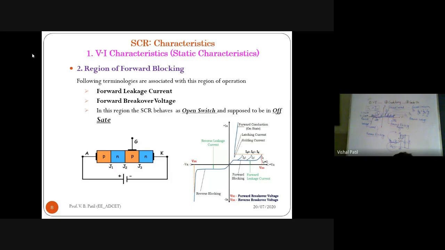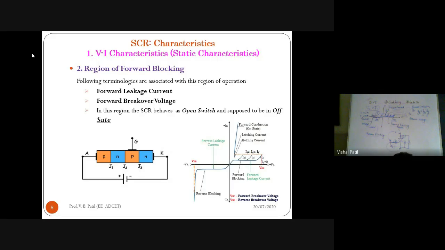When the thyristor is forward biased and forward breakover voltage is applied, the device is supposed to be an open switch, in the off state, because junction J2 is still in reverse bias. Even though junctions J1 and J3 are forward biased, the current experiences very high impedance.